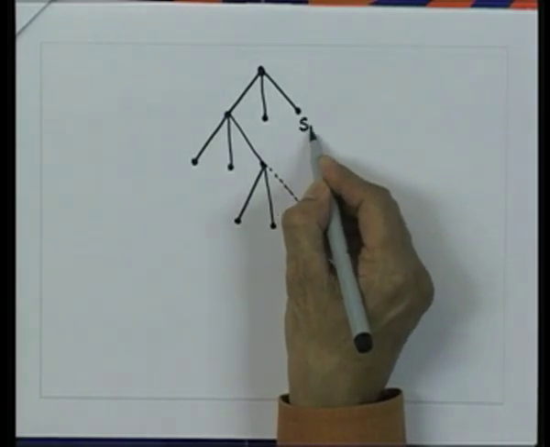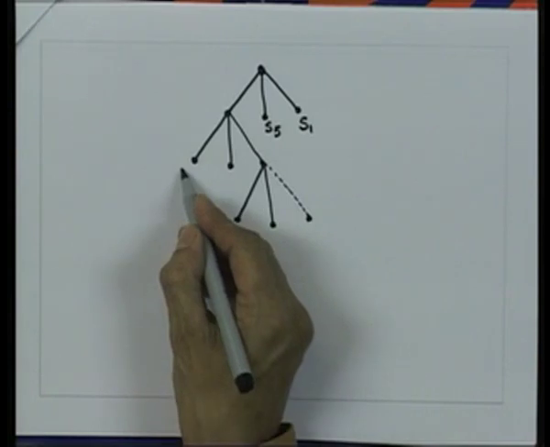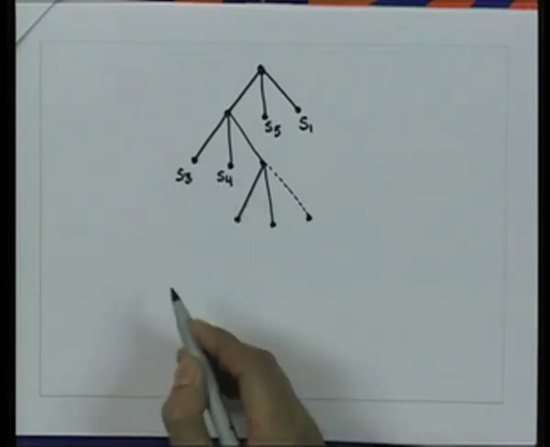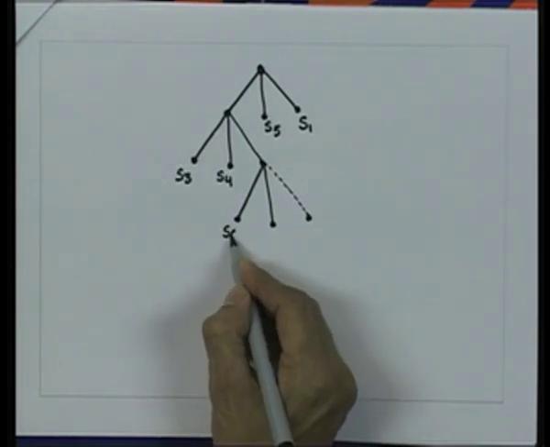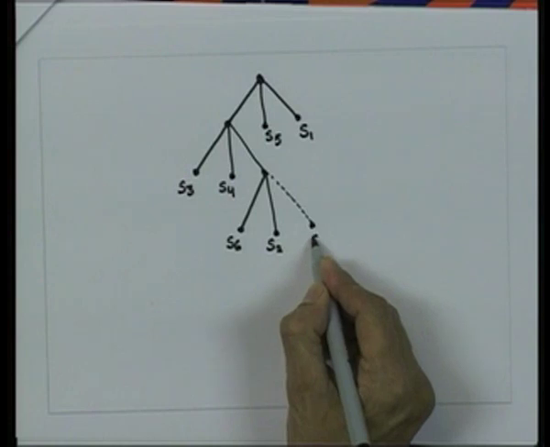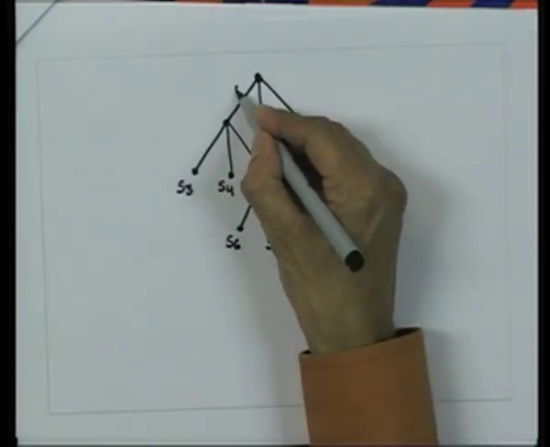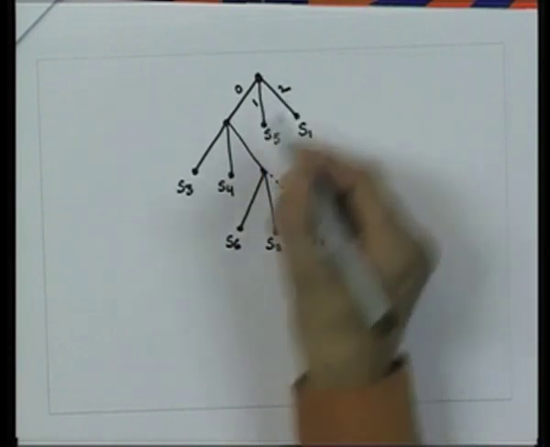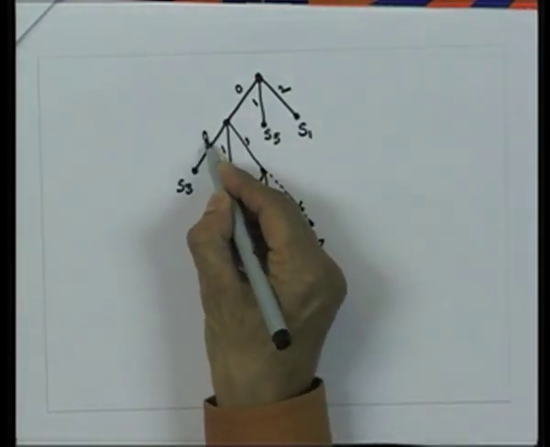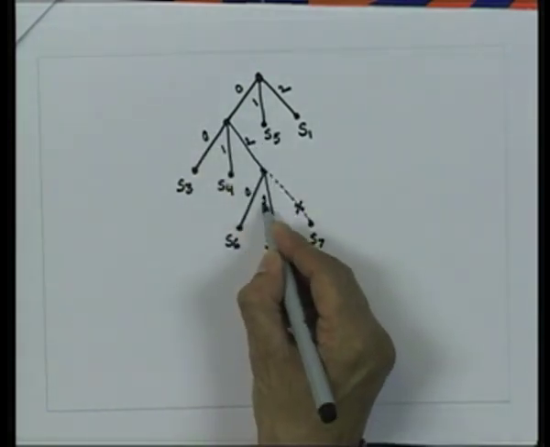I have here S1, this is my S5, this would be S3, this would be S4, this would be S6, and this would be S2, and this is actually S7, which is discarded, and we follow the convention 0, 1, 2, 0, 1, 2, 0, 1, 2.